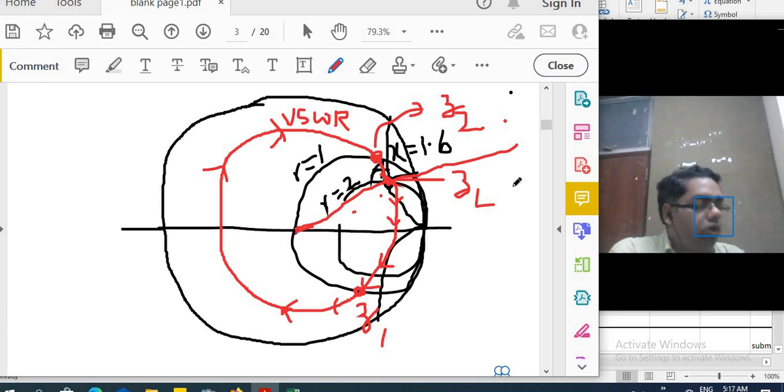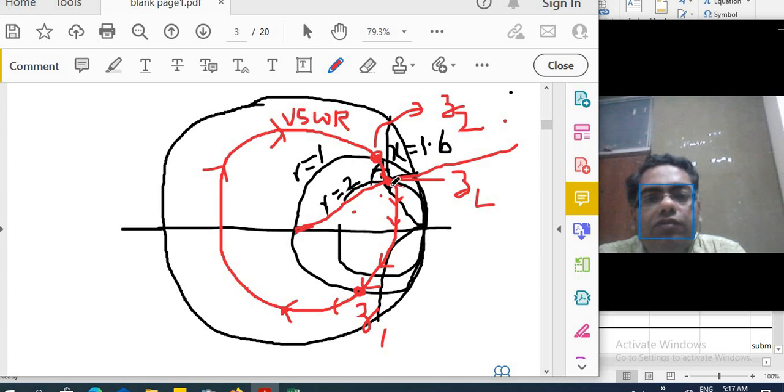If you see this ZL point, it is 0.208 lambda.